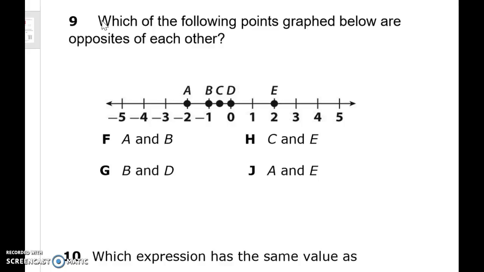So now I'm going to use different colors to color the distance. First, look at A. Its distance from A to 0 is 2 units. Now look at B. B to 0 is 1 unit. And now C. C to 0 is half a unit.